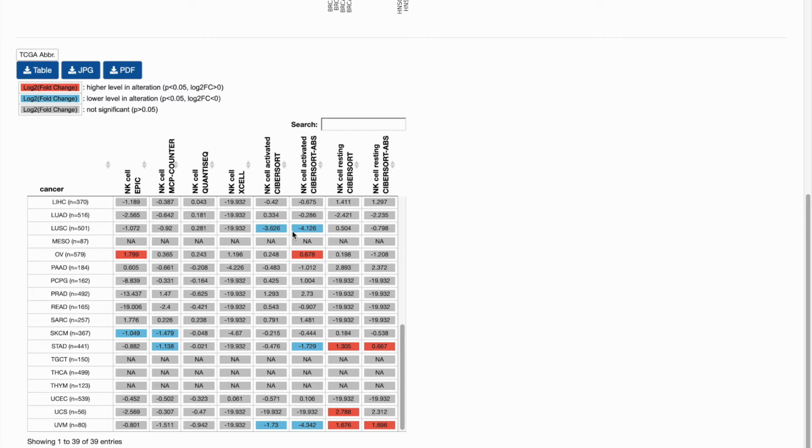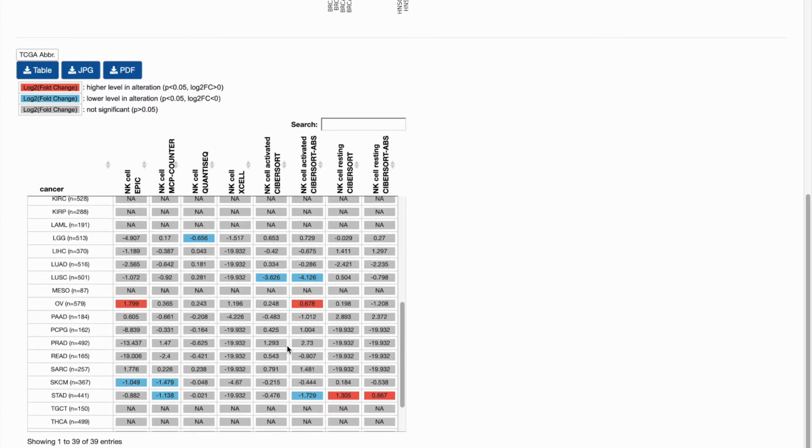And the blue color means a significantly low level of NK cell infiltration in MYC-A amplified tumors. And we could also check the detailed distribution of NK cell infiltration in a specific cancer type and the NK cell infiltration estimated by the tool we prefer.